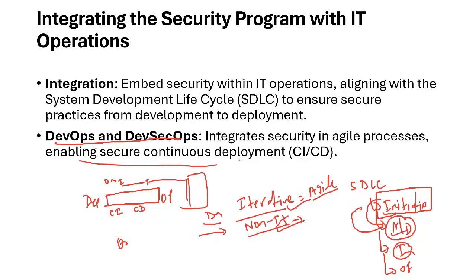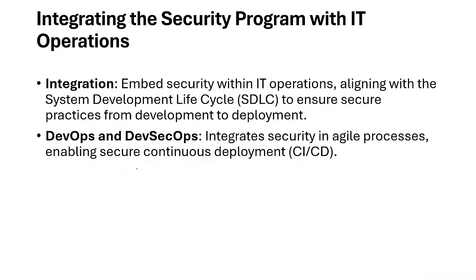To ensure secure continuous deployment. So this is the pointer you need to know. What is the best way you can maintain secure continuous delivery? By integrating security in the agile process. How do you ensure security in SDLC? You can introduce security as early as possible, which saves time and cost also. And the best way you can ensure security is to integrate the security program in the SDLC. That's something we can try.